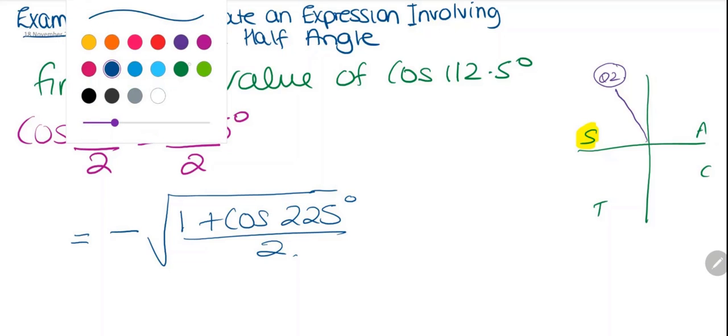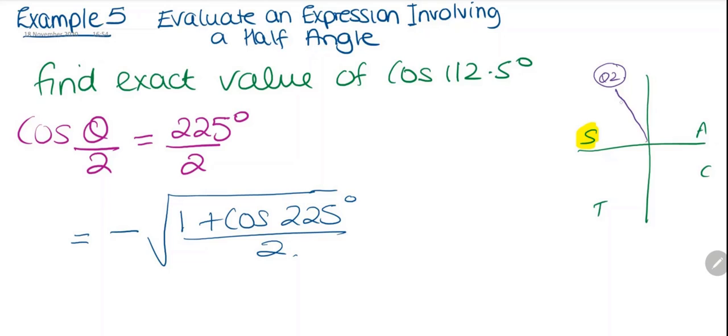Now if we were to look at our unit circle at 225, so that's going to be here. Our value for cosine is going to be minus root 2 over 2.